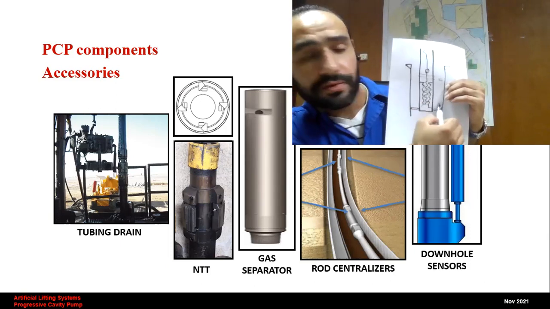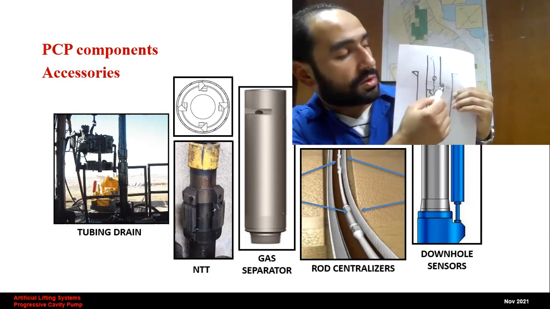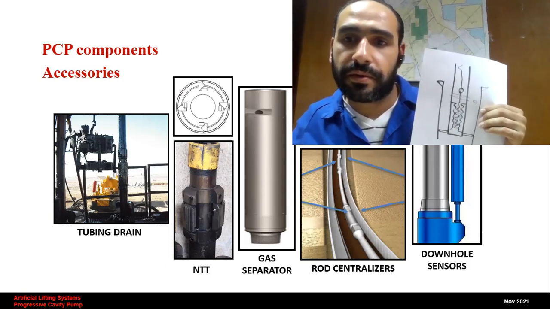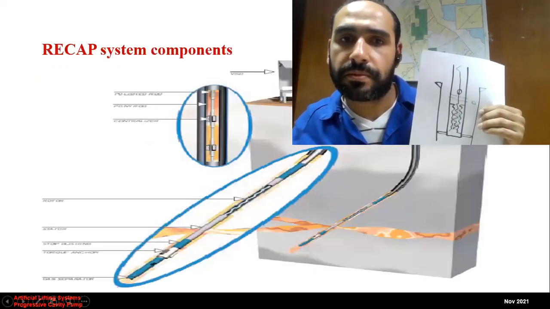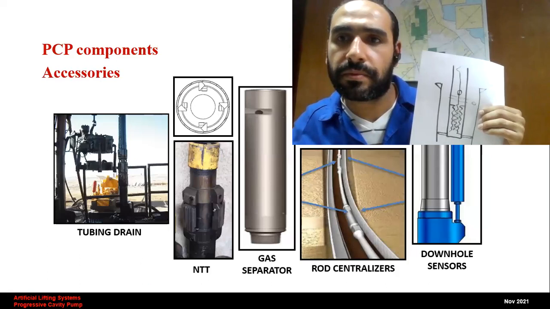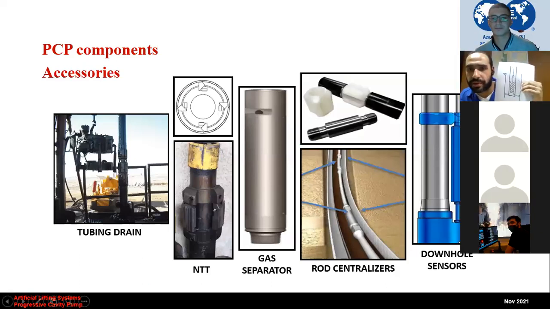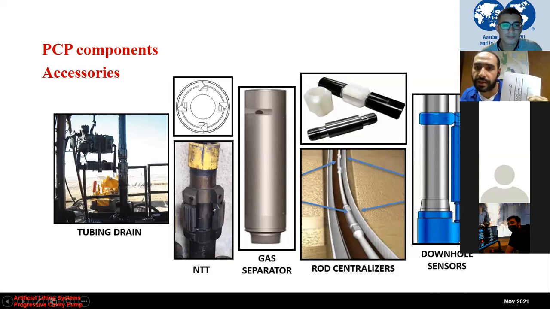It's just the length of the pump. So the downhole sensor has two ports, one at the outside, and the second one here. This one is connected to the tubing, so it senses the pressure at the pump discharge, and the outside hole will be sensing the pressure inside the casing, the intake pressure.